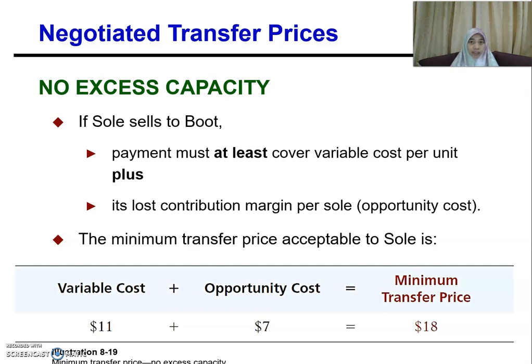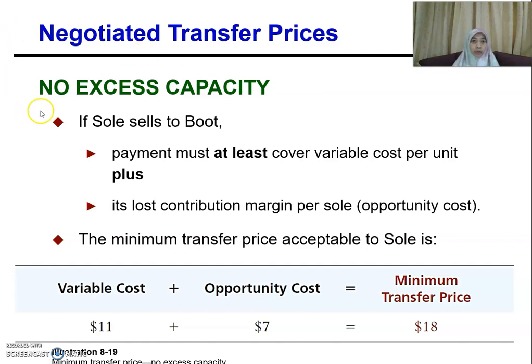If you sacrifice the current production, then opportunity cost comes in. Remember, when we did the topic on incremental analysis, you have opportunity cost. So you have to include the opportunity cost in your transfer price.